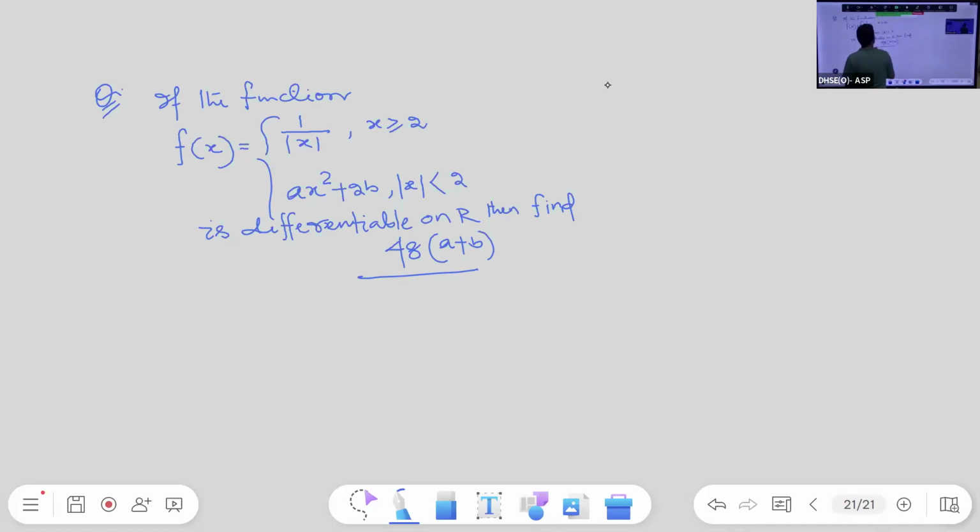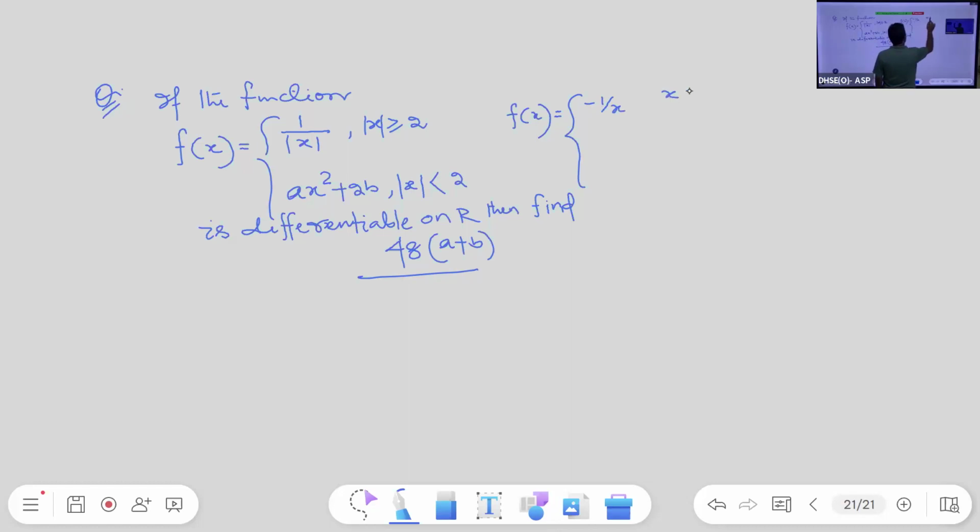So first of all, redefine this function. f of x is equal to 1 over mod x when mod x is greater than or equal to 2. That means either x belongs to 2 to infinity or x belongs to minus infinity to minus 2. When x belongs to minus infinity to minus 2, mod x will be minus x, so this is minus 1 over x.